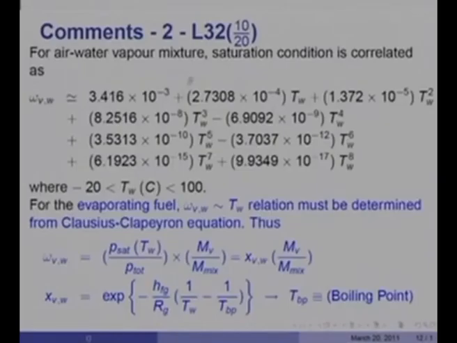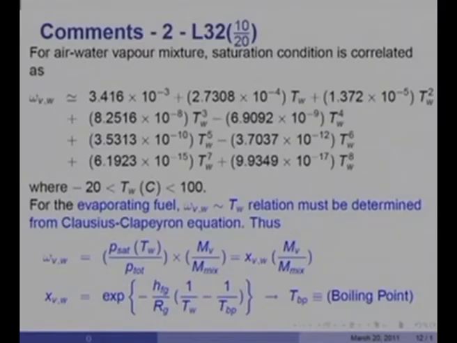Now, in order to help, if you are doing something on the computer, then for an air-water vapor mixture, the saturation curve on the psychrometric chart is given like this, where this is the dry bulb temperature and this is the specific humidity, and you have the 100% RH line.